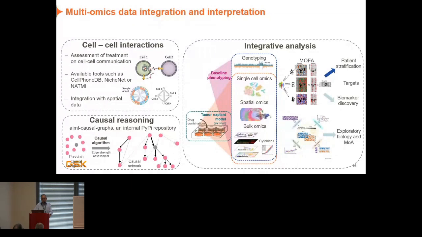It's a lung cancer tumor explant model where we've been generating multiple types of omics data, as you can see, proteomics and so on.